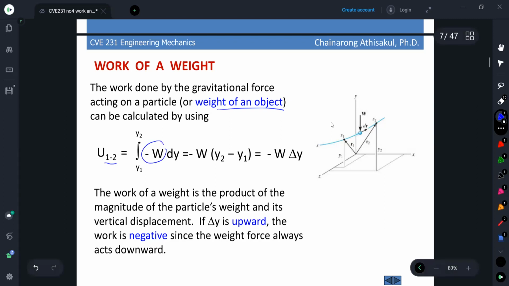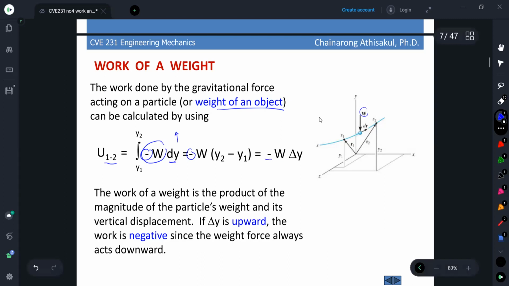The force is the weight, and it is negative because the weight is always downward. If we set dy positive upward, then the work done by weight is minus weight times the change in vertical direction.